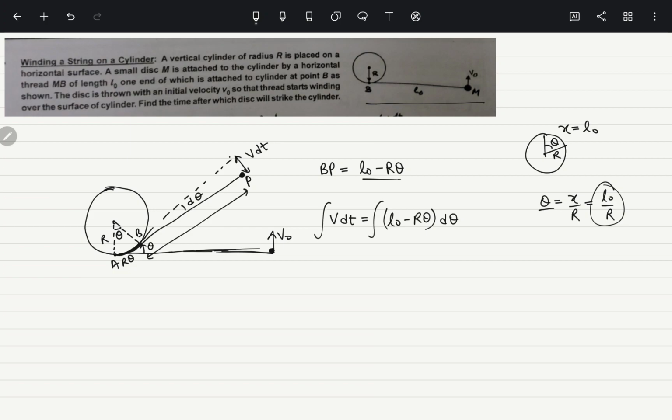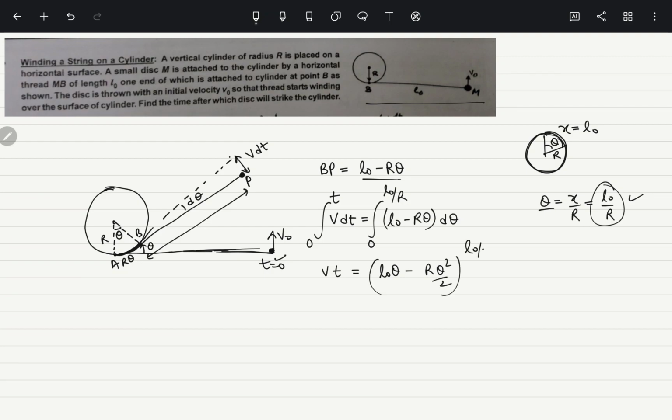Now we'll integrate. From t equal to 0, theta is basically 0. When it strikes the surface, let's call that time t, the whole length of the thread is winded over the surface, so theta will be L naught by r. So now we'll integrate: v into t is equal to L naught theta minus r theta square by 2.